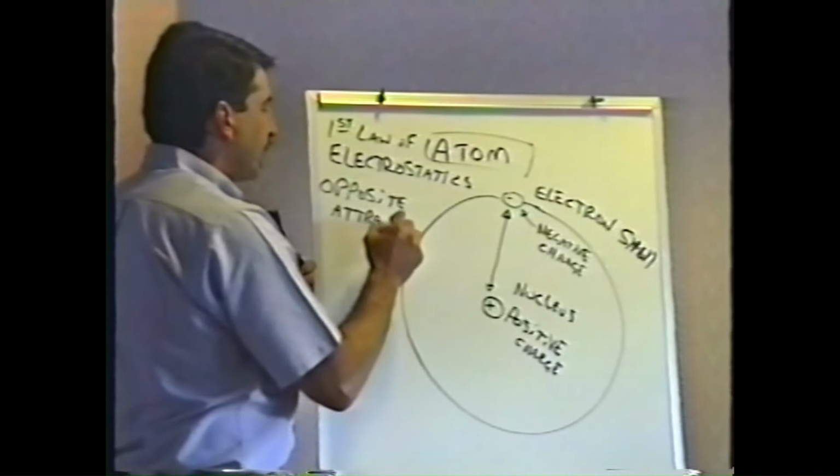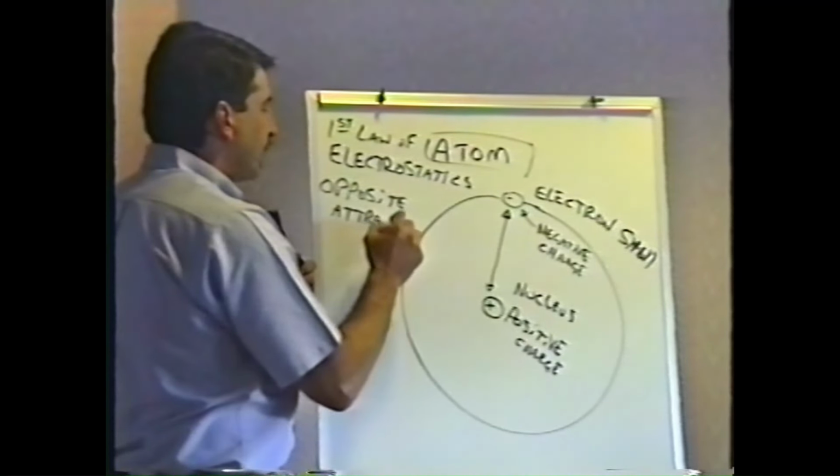So opposites attract just like opposite magnets attract. So for instance, if I try to put a negatively charged electron next to something that's positively charged, those guys are going to attract each other. Now, just the opposite is true. If I try to put two of the same pole together, they'll repel each other.